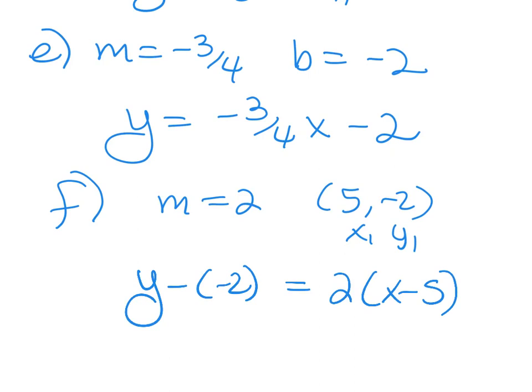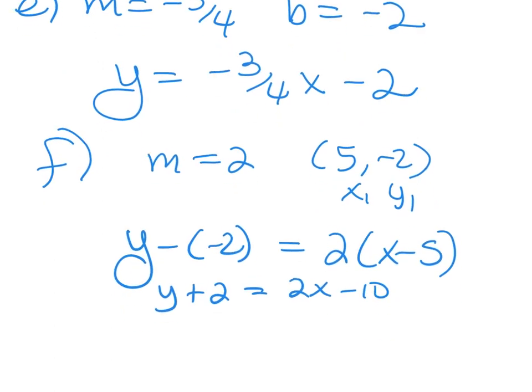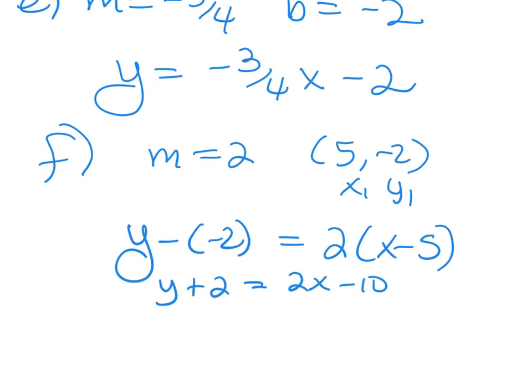Okay, and then for the last example, we're going to simplify the negative, distribute the 2, and then move it over, and then get -2, and y equals 2x minus 12. And that would be in slope-intercept form.